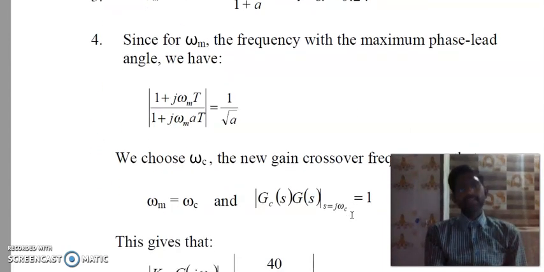The next step: for the frequency with the maximum phase lead angle, we have (1 plus j omega m alpha T) divided by (1 plus j omega m T), equivalent to 1 by root alpha.